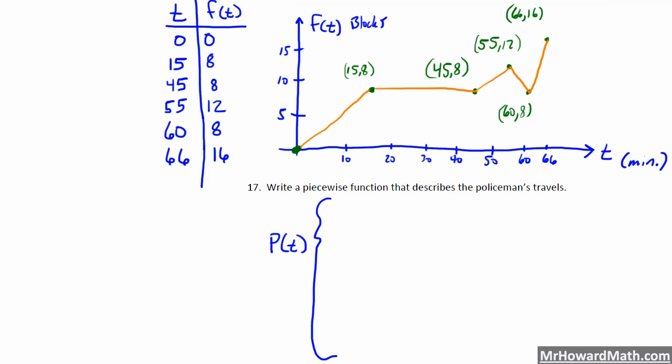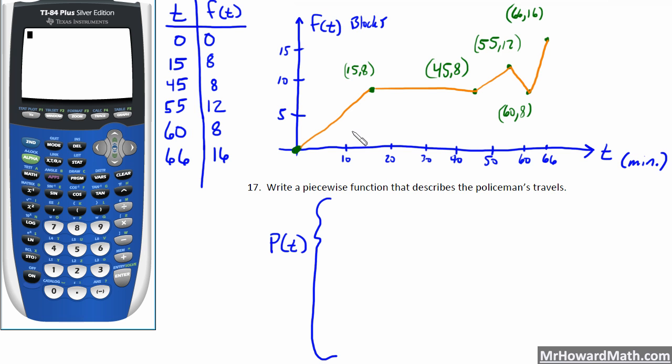So to make this relatively quick, we're going to use stat edit in our calculator. So stat and then edit, and we're just going to put these points in here. We've got to put each endpoint, the end point and the beginning point, to get this line segment right here. So that would be 0 and 15 for my x coordinates, which go in list 1, and 0 and 8 for my y coordinates.